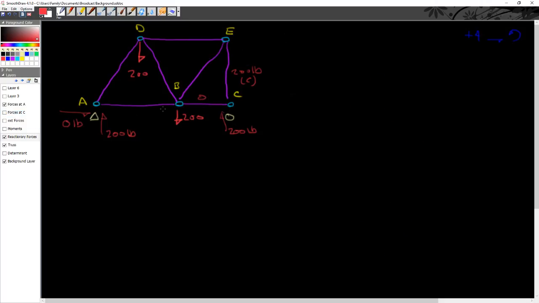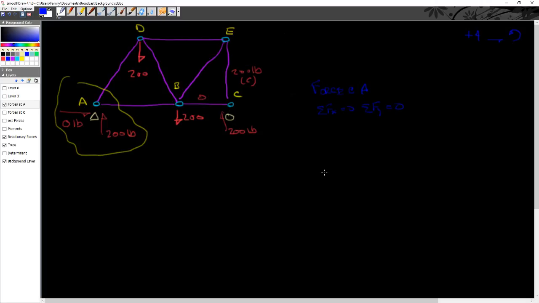Now, similarly, I can go back in here and I can look at the forces at A. So let's go back over to A here and give a quick circle around A and see what we have on that free body diagram. Same basic drill. The forces at A, the sum in the x direction has to equal 0. The sum in the y direction has to equal 0.